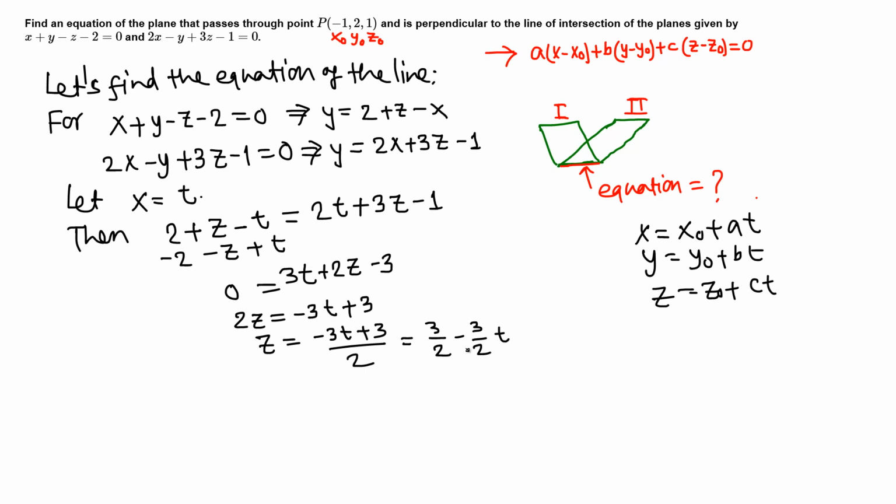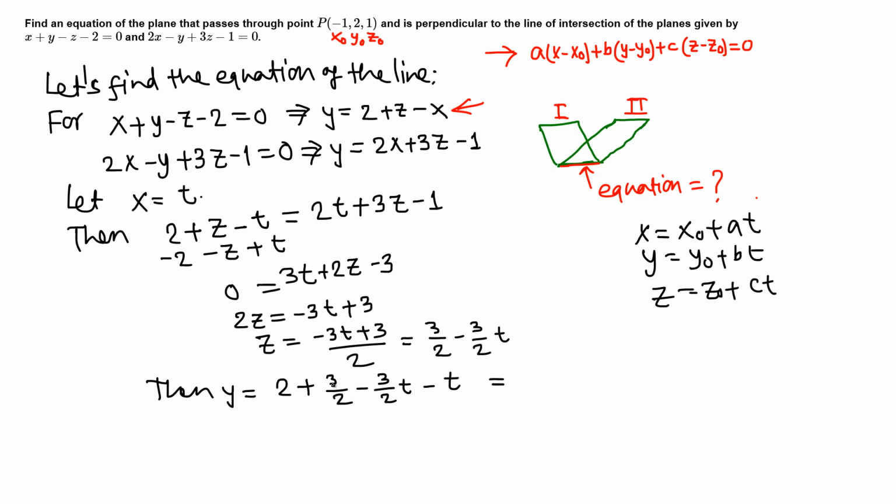So that's z equals, that's the third part, and first is just x equals t, which we just assumed, and which is fine. Now we need to find y, so go to the first equation or second equation, doesn't matter. Then y equals 2 plus z, which is 3/2 minus 3/2 t, minus x, and we assumed x to be t.